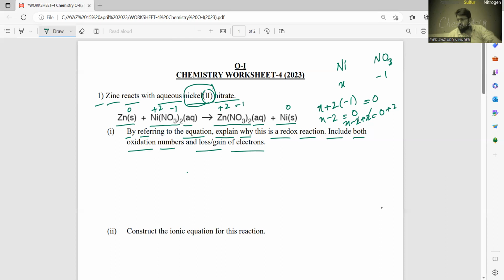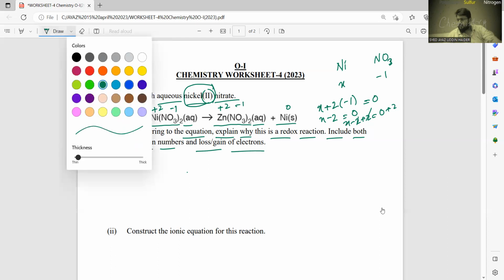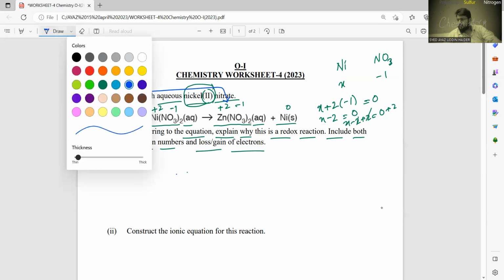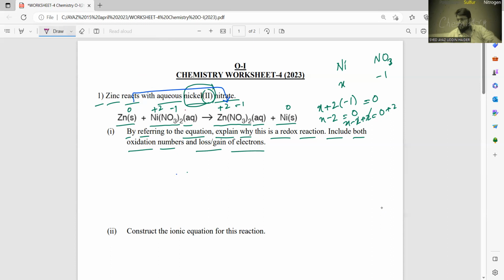This charge or number is also known as oxidation number or oxidation state. For Zn, it's converting from 0 to +2. For nickel, it's converting from +2 to 0.